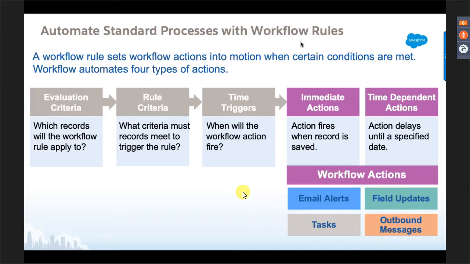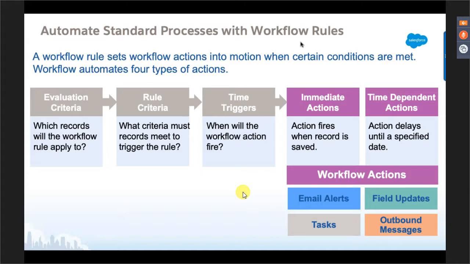This would be an example of us trying to, 3 months prior to a contract renewal date, send an email automatically out to our sales rep to get that renewal for the new deal signed. You could do it 3 months out, 1 month out, 30 days out, or 15 days out, as long as the time frames don't exceed the number of 10 in total that you've defined for a single workflow action.